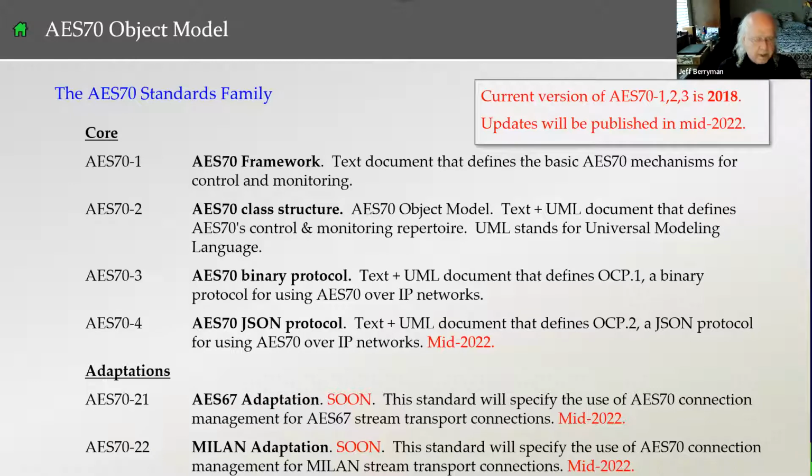And I should actually have updated this: it also describes how to use Aes70 with SMPTE ST 2110-30 media transport, which is almost a subset of Aes70. It uses Aes70 in a particular way, adds some constraints and so on.